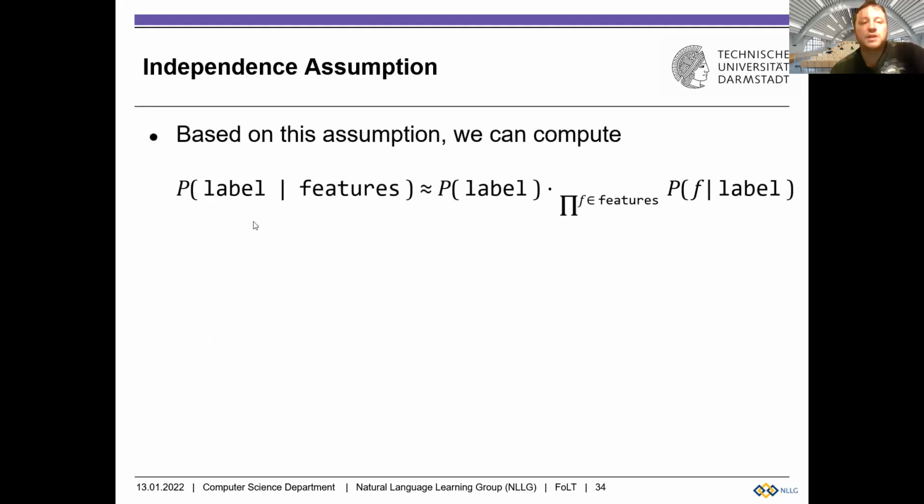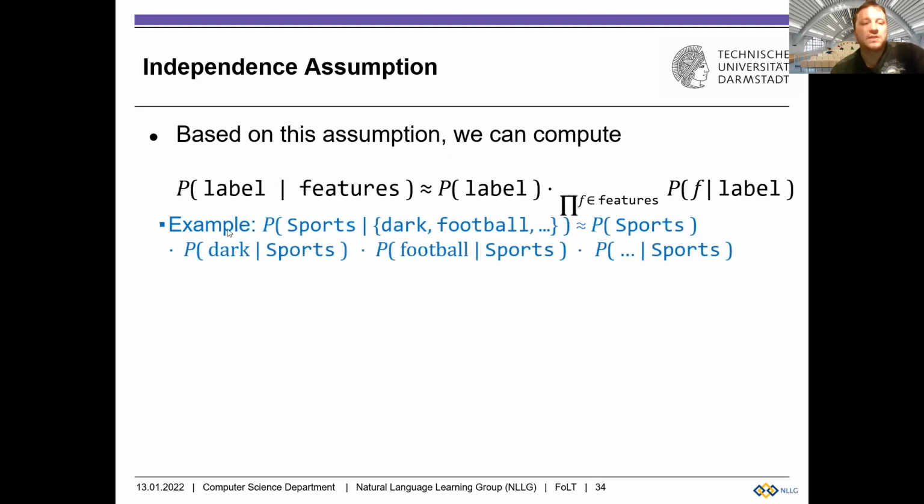Good. So actually, based on this naive Bayes assumption, we can write the probability that we actually want to maximize, namely the label given the features, as this product of independent terms: the label multiplied times the feature given the label, multiplied over all the features. So the example is, let's assume we have an input document and our features are the words.